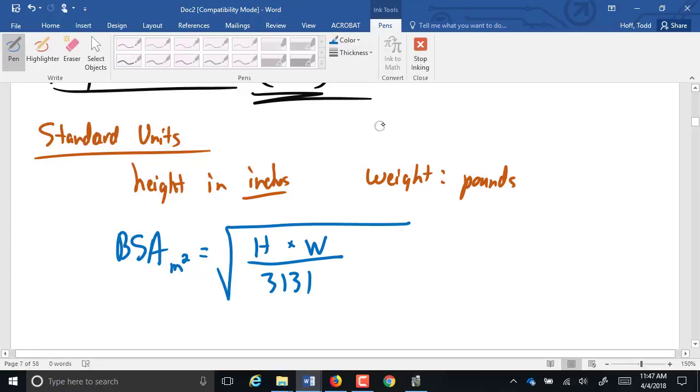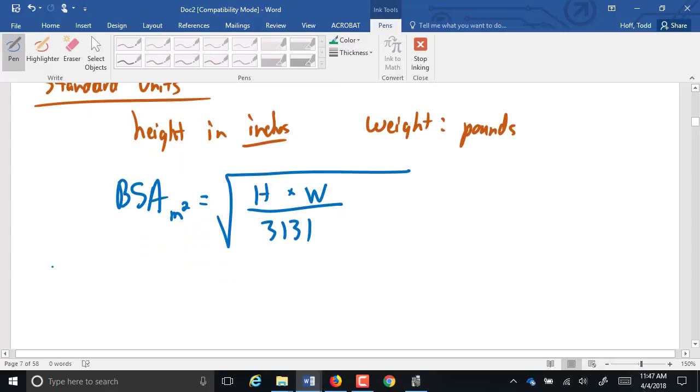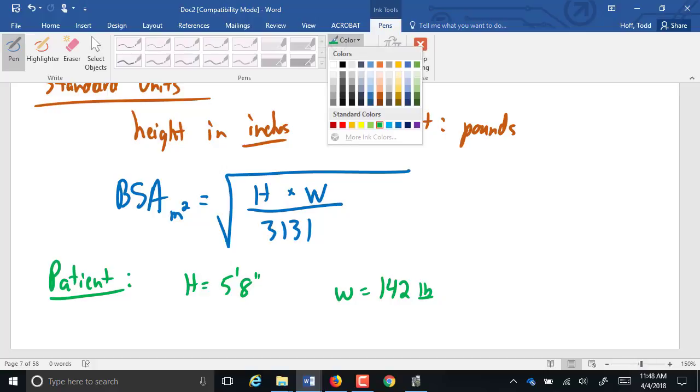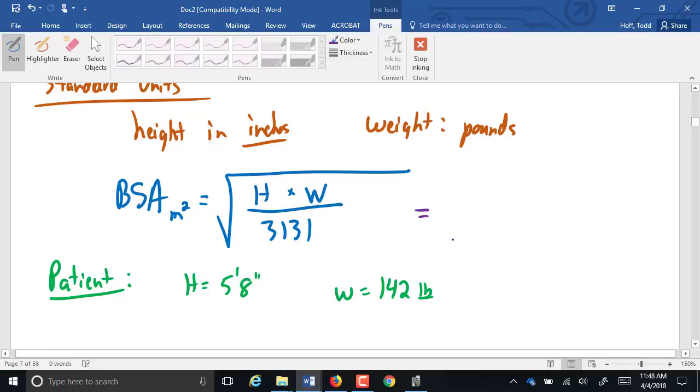So let's take a peek here. If we have a patient that has a height of 5 foot 8 inches and a weight of 142 pounds, that body surface area is going to be found by plugging into this formula. 5 foot 8: well, we have to do 5 times 12 is 60.